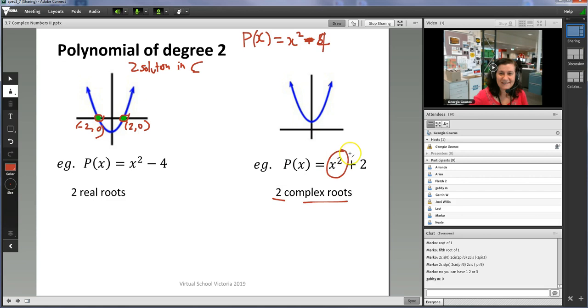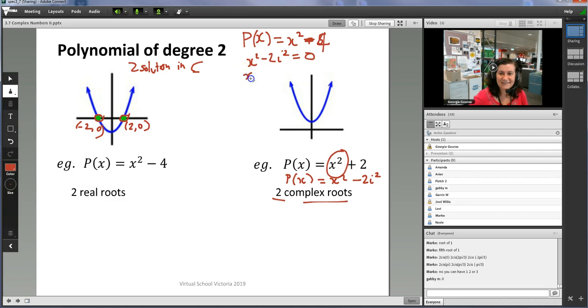And we can easily solve this. How can we easily solve this? We can rewrite it as p of x equals x squared minus 2i squared. Remember? And then we can solve x squared minus 2i squared equals 0. What's that, guys?